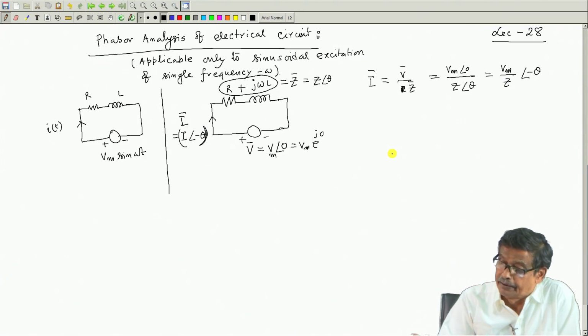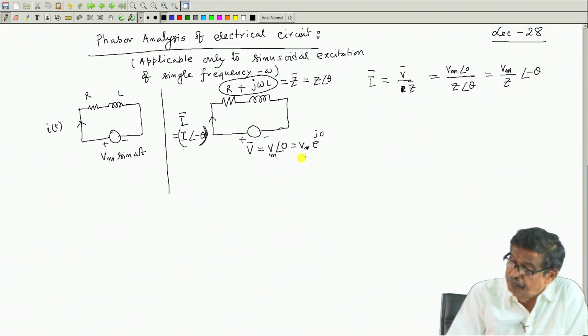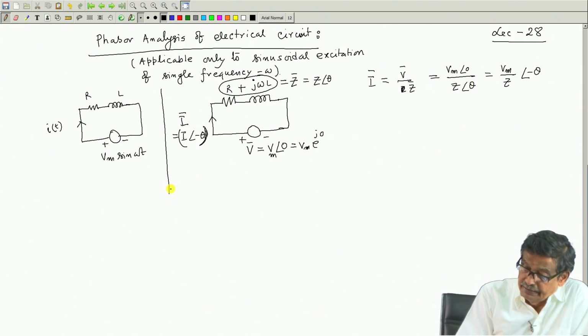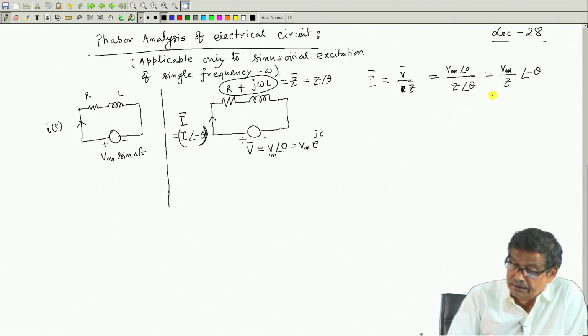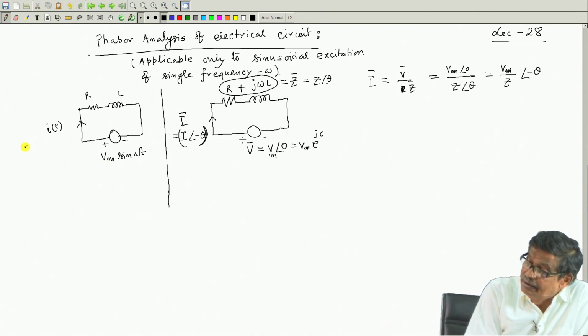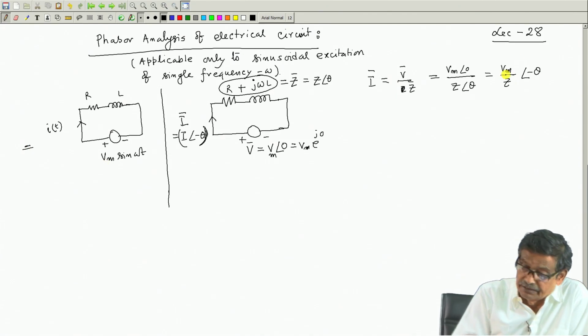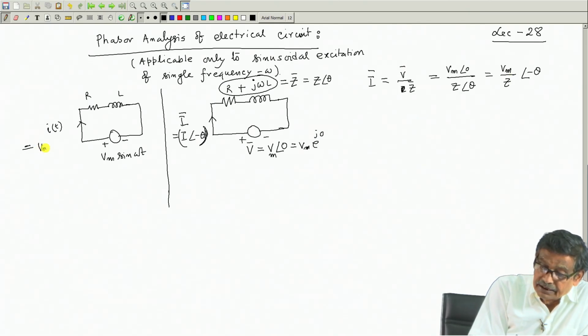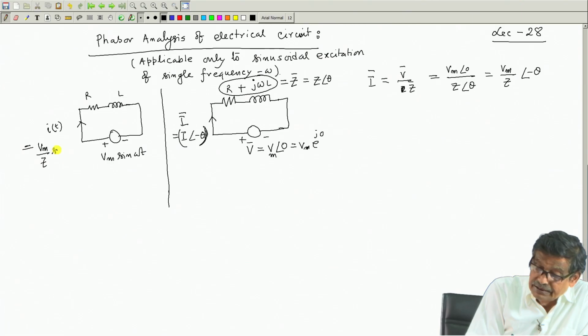So, this will be the current, and of course, after you get this current, to write it in the time domain, I t will be, if this is the phasor form, the current value is V m by Z into sine of omega t, but it is lagging by theta.